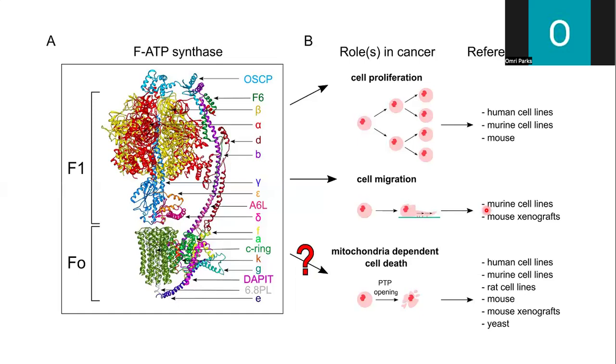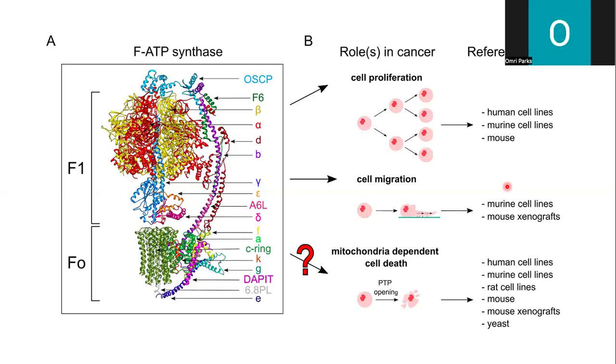This is consistent with the enzyme's role in oxidative phosphorylation and ATP production. The picture also emphasizes the heterogeneous expression of ATP synthase across different cancer types, highlighting the variability and its contribution to tumor metabolism.